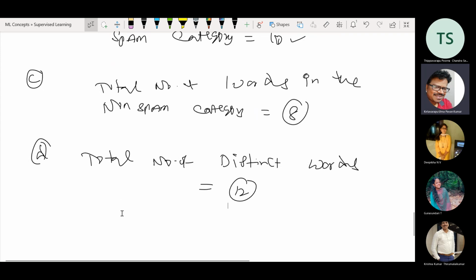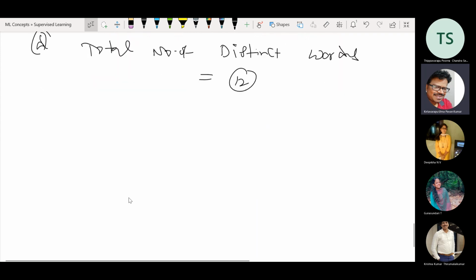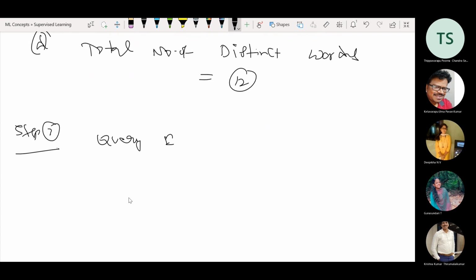And next, step 3 in this particular case: I want to consider the query. Whatever query I want to implement, I want to evaluate it. So the query evaluation.